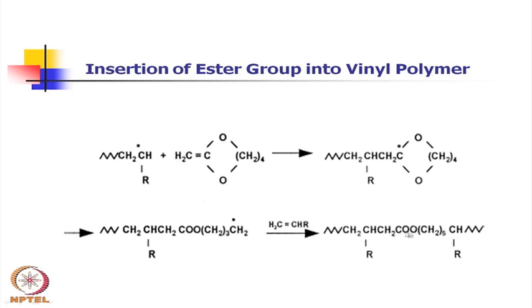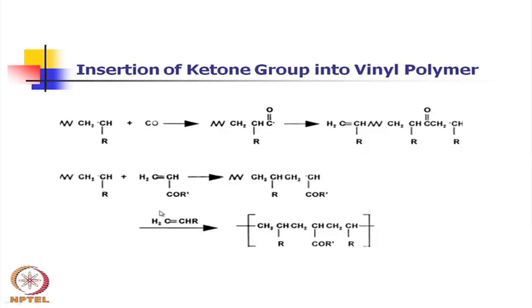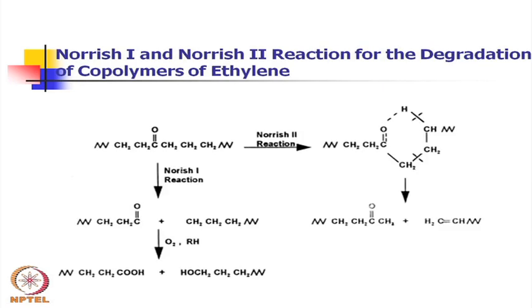So, COO has been inserted in the backbone chain. That vinyl polymer will be degradable by this process if it is modified. Similarly, a ketone group can also be inserted in a vinyl polymer, and here you see a CO group has been inserted by this chemical reaction, and such insertion of ketone groups can also help degradation of vinyl polymers.